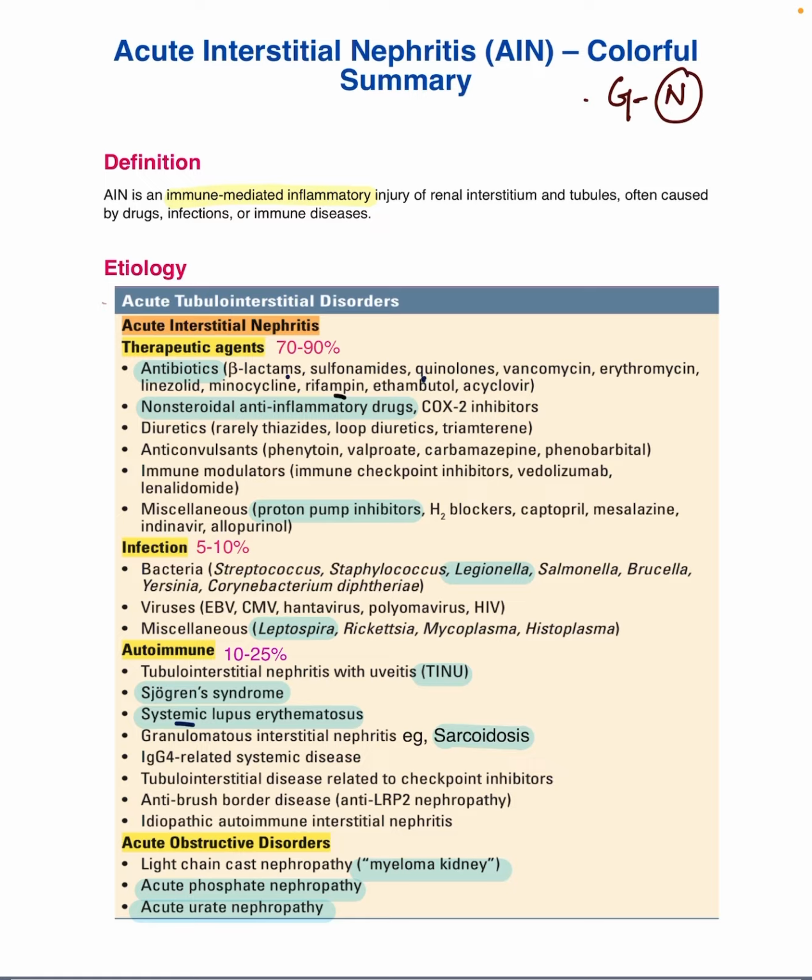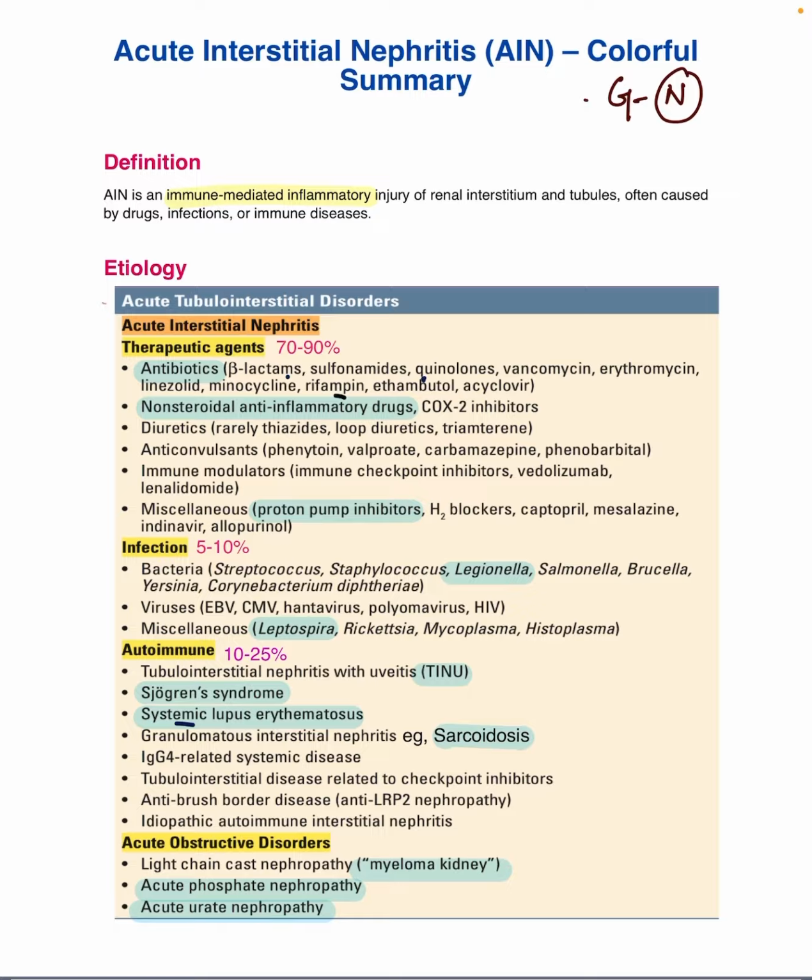So, what is the definition of acute interstitial nephritis? AIN is an immune-mediated inflammation of the renal interstitium and tubules caused by drugs, infection, and immune disease.